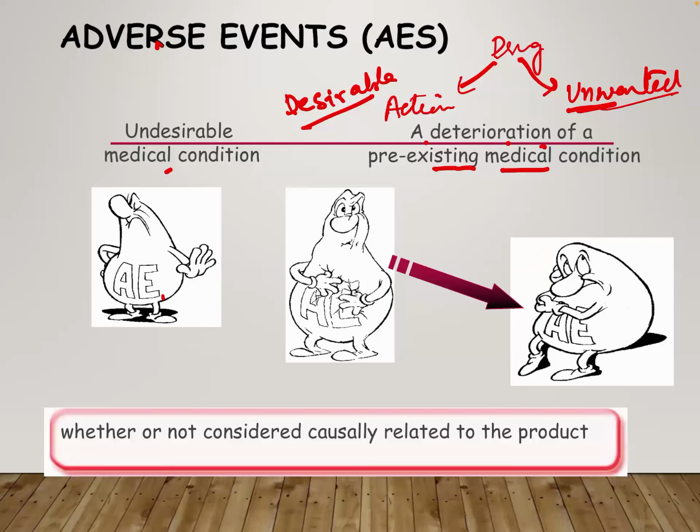So it may be related to your product or may not be related to your product. So we are taking drugs, vaccines, any treatment to bring some desirable impact. But with this positive thing, we are also getting some negative things, unwanted reactions. These unwanted reactions are coming in the category of event.